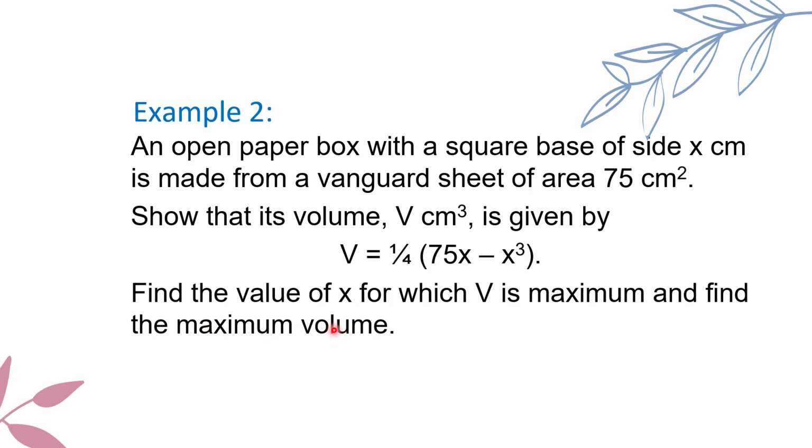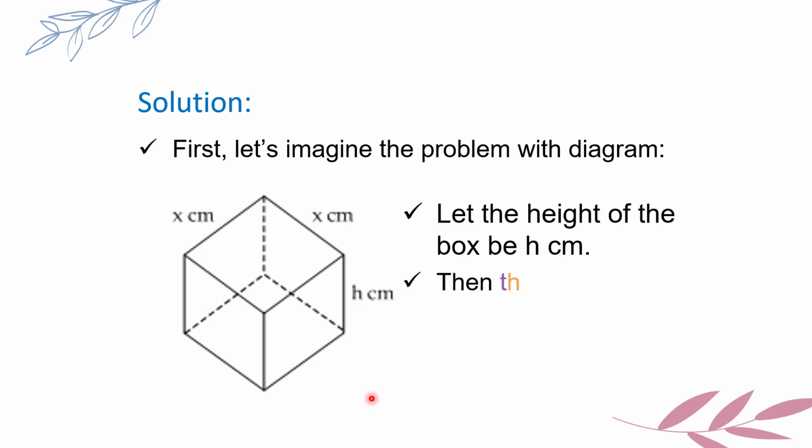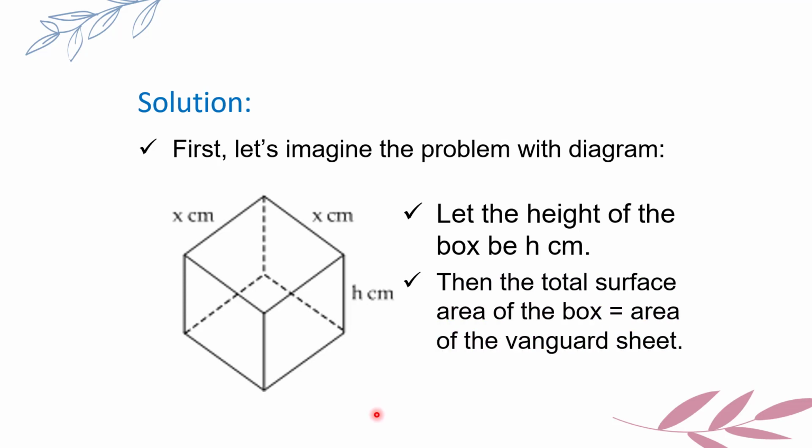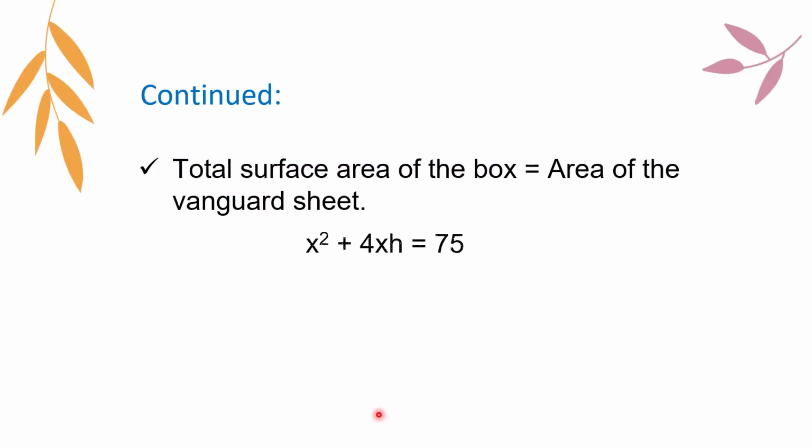Since, again, it is about maximum and minimum, we will relate this to a stationary point first. For the given volume, we imagine the diagram first. Since it is a square base, the side will be x, and the height we suppose to be h. Then the total surface area of the box will be the area of the Vanguard sheet needed. The total surface area of the box is x squared plus 4xh.